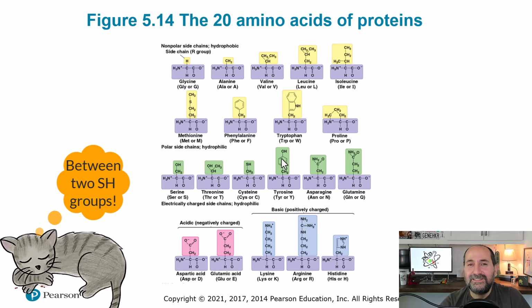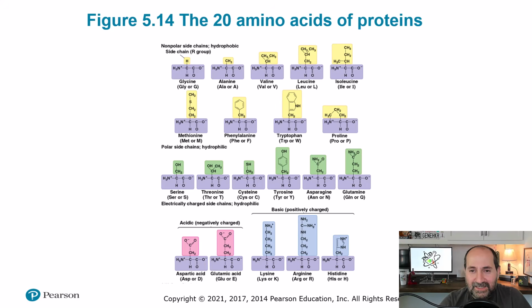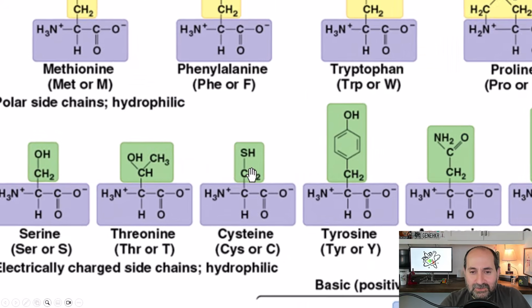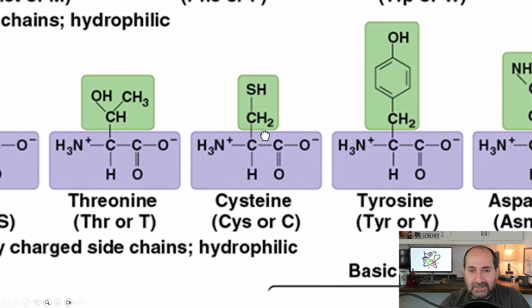Yep, between sulfhydryl groups. I want you to take a look here at the amino acids. There's 20 naturally occurring amino acids, and there's only one that has a sulfhydryl group at the end of the R group. You see this? This is the amino acid cysteine. We talked about it a little bit in the previous chapter.